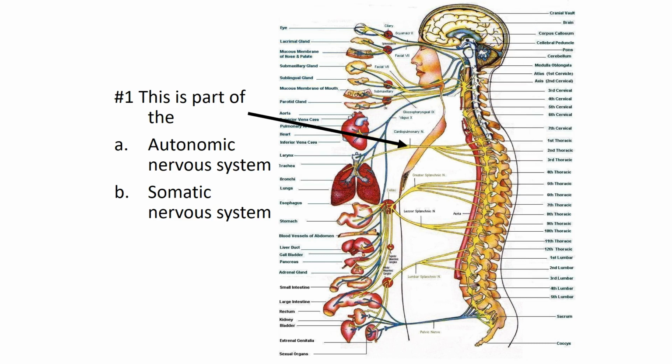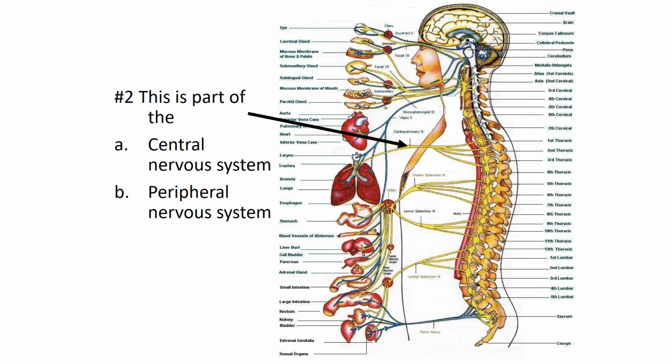Is it part of the autonomic nervous system or part of the somatic nervous system? In this image, the cardiopulmonary nerve is connecting up to the heart and connecting up to the lungs, so it may be involved in things like making the heart beat and making respiration happen. So we would probably guess this is part of the autonomic nervous system because those aren't things you generally consciously control.